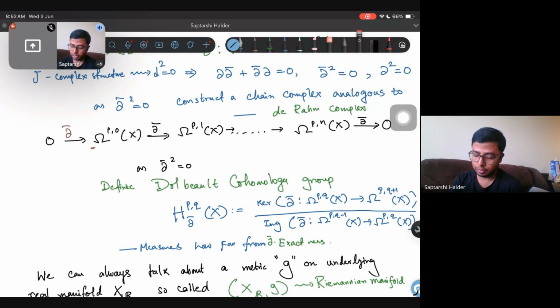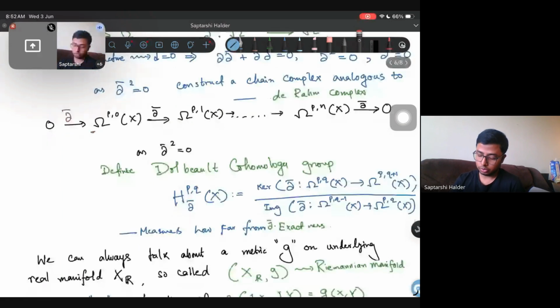Over here, you can talk about the kernel of del bar of this thing and the image of this thing, quotient. So this is the Dolbeault cohomology group, which measures how far this chain is from del bar exactness.